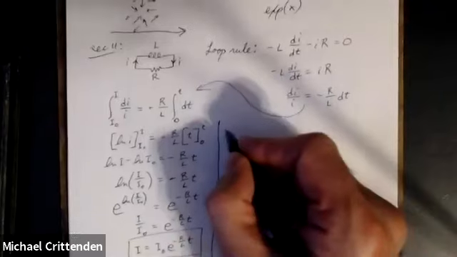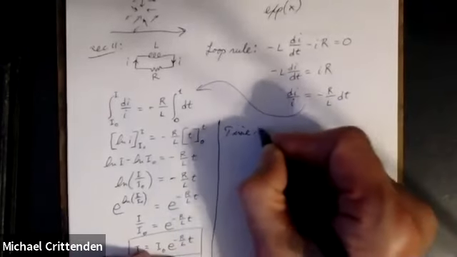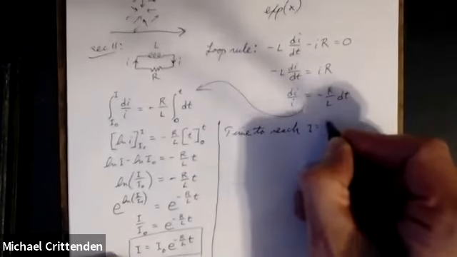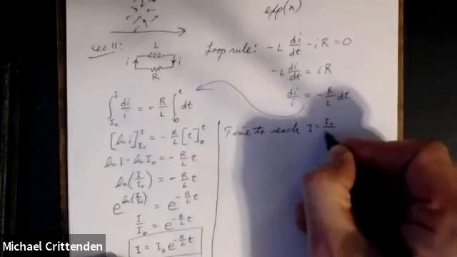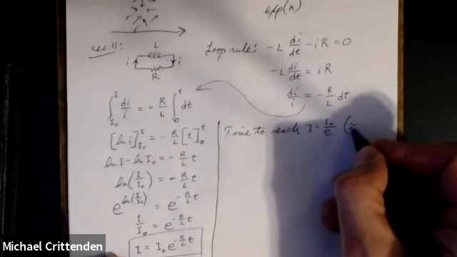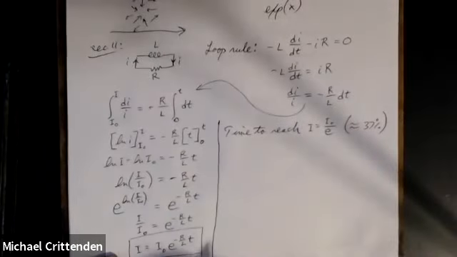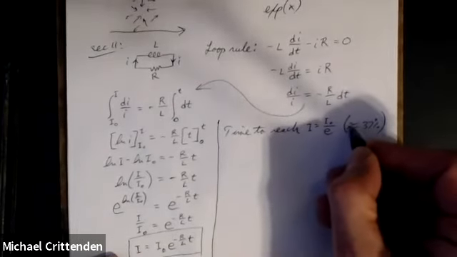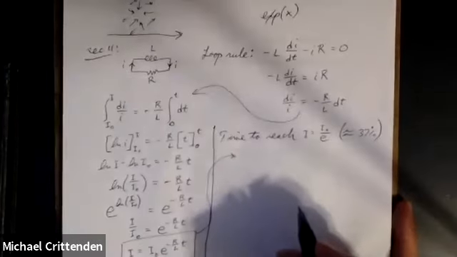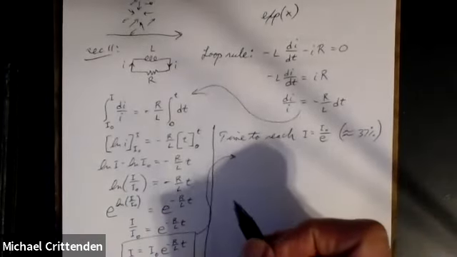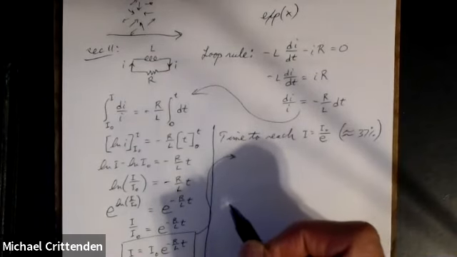So time to reach I equals I naught over e, which, when you round off a little bit anyhow, is approximately 37%. Well, let's take this function that I just derived. And for once, I did do a proper derivation rather than just demonstrating something for a simple special case.